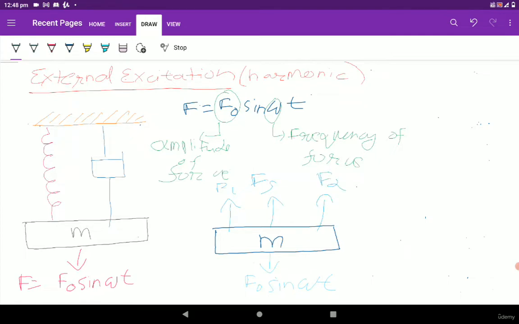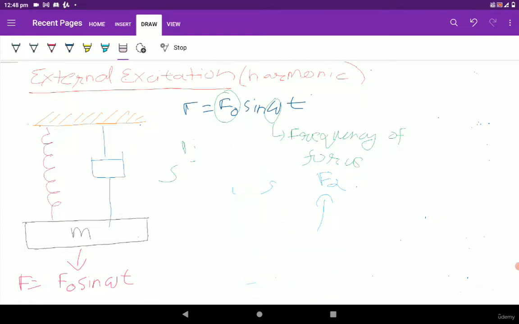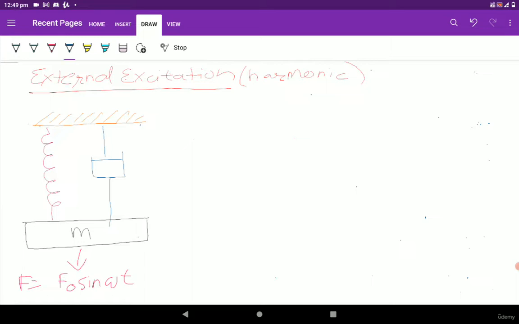So let's write the equation of motion for this case. Fi plus Fd plus Fs is equal to F naught sine omega t.